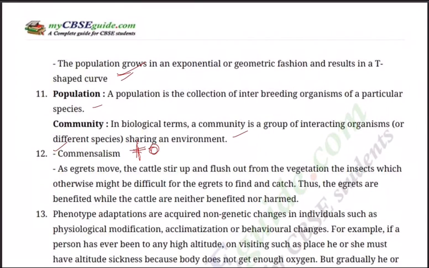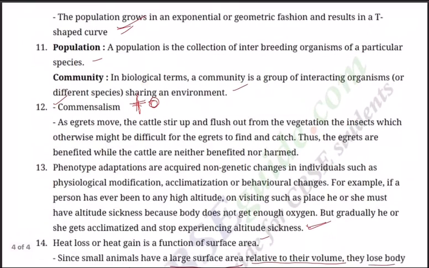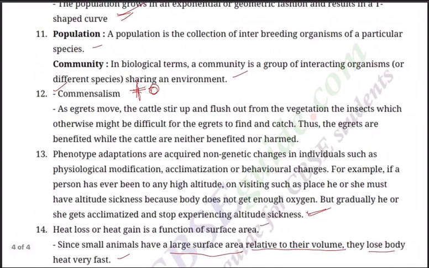Now, question number 12. We said relationships, commensalism. So commensalism, as I said, you must have seen egret birds sitting on top of the body of a cow, buffalo, or in general cattle, and as the cattle move, because of their footprints, some of the insects that are there in the soil will come out. So these egret birds, utilizing that opportunity, will eat them.